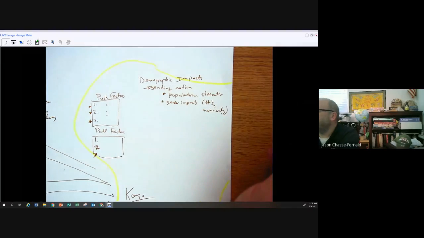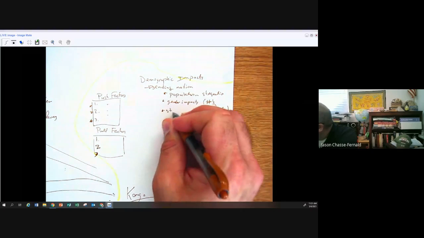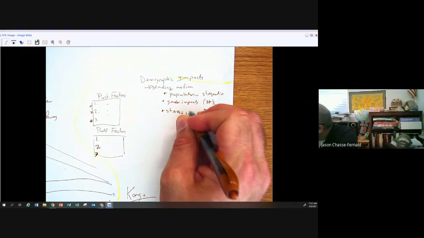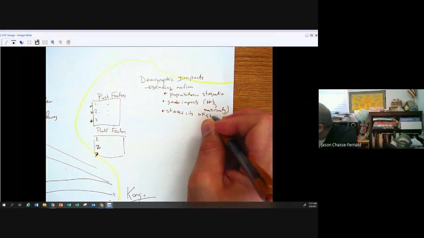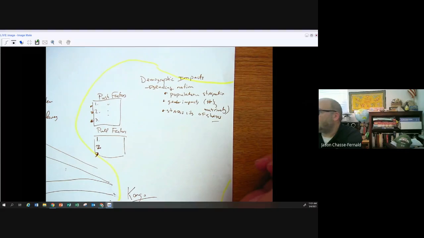You could talk about overall stability of states within places that are being directly impacted by this.